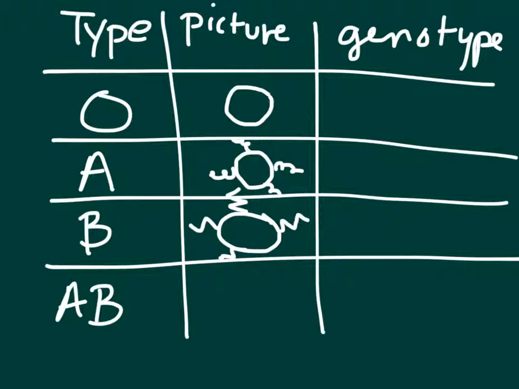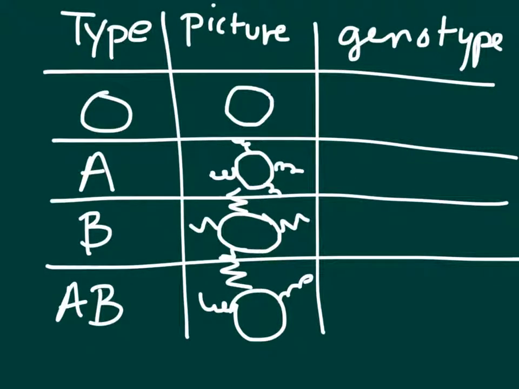People with type AB blood have both shapes on their cell surface, so it's a combination of the A and B. The reason for that is they have one allele that codes for the A shape and one allele that codes for the B shape.